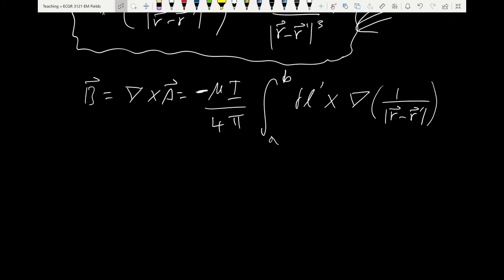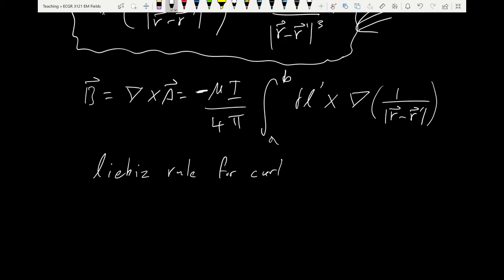So what comes next? Well, now comes, again, I told you this is very similar to what we did for the example of polarization. Now comes the application of the Leibniz rule for curl. There's the Leibniz rule for one-dimensional differentiation on the real line, which is the product rule. There's the Leibniz rule for the divergence of a scalar field times a vector field.